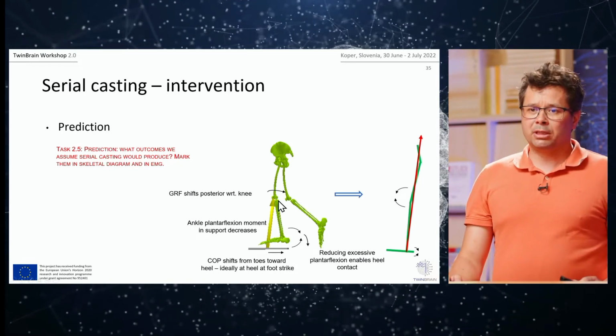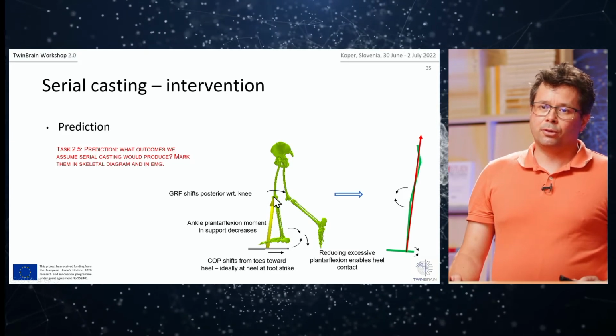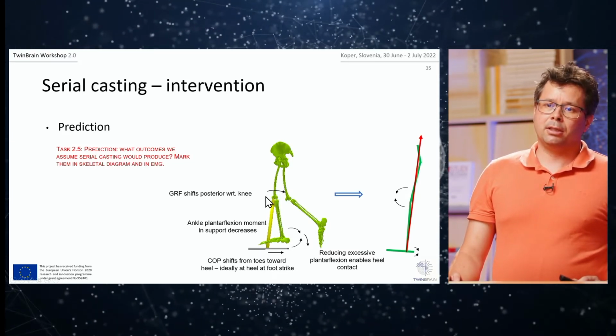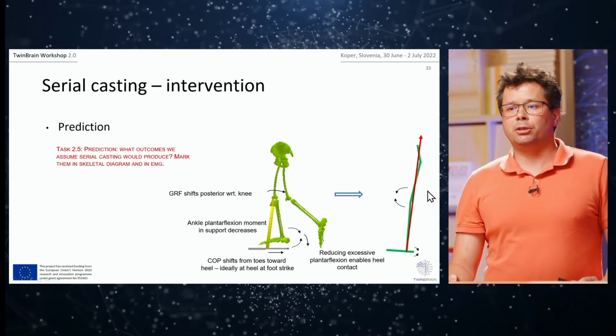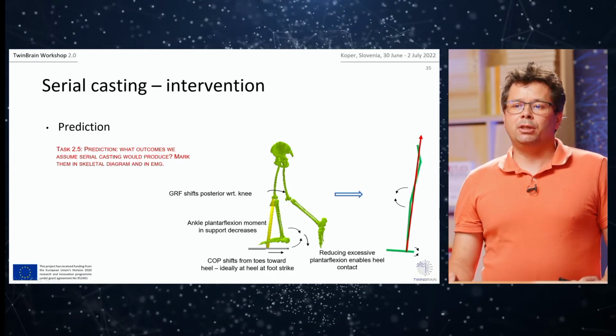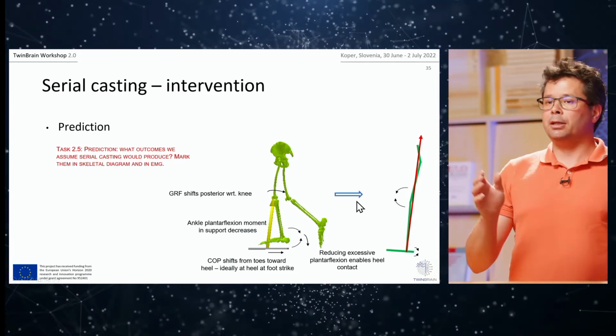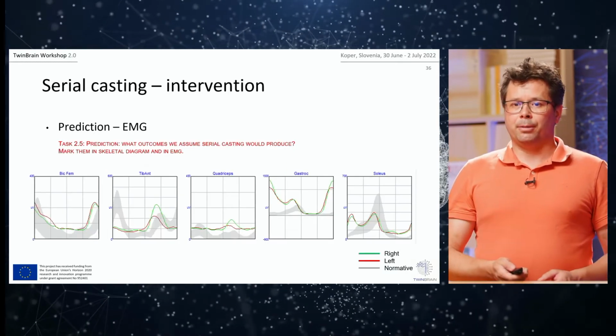Also, the direction in which the ground reaction force crosses the knee joint would change from the anterior to the posterior position, meaning that there will be activation of the knee extensors. So these are ideally what we would want to achieve. So let's see what happened.